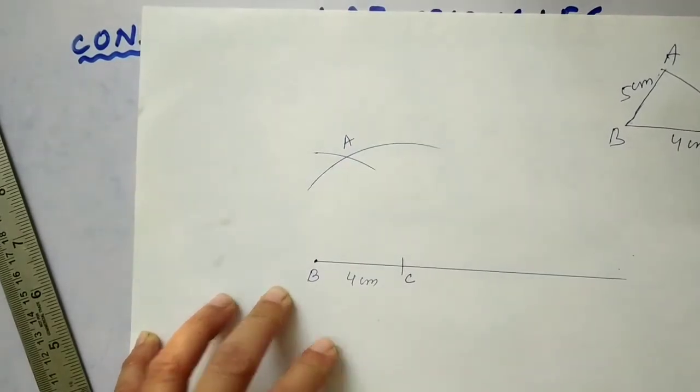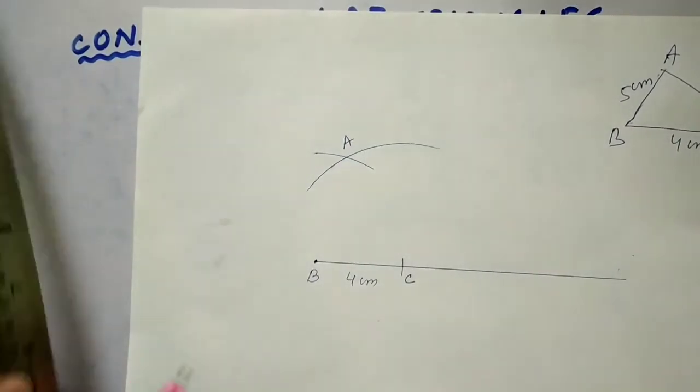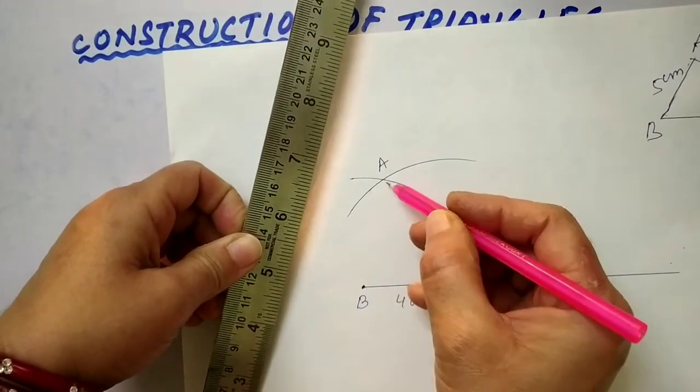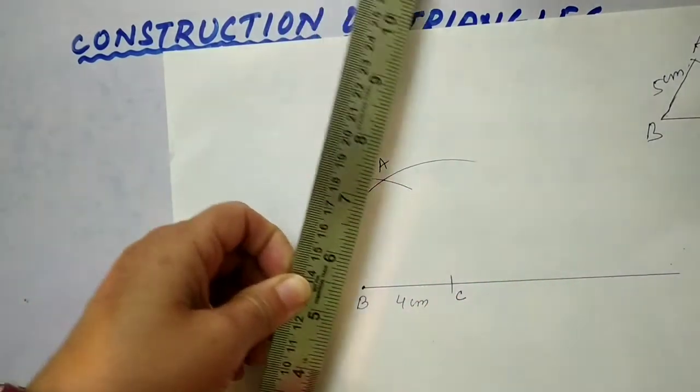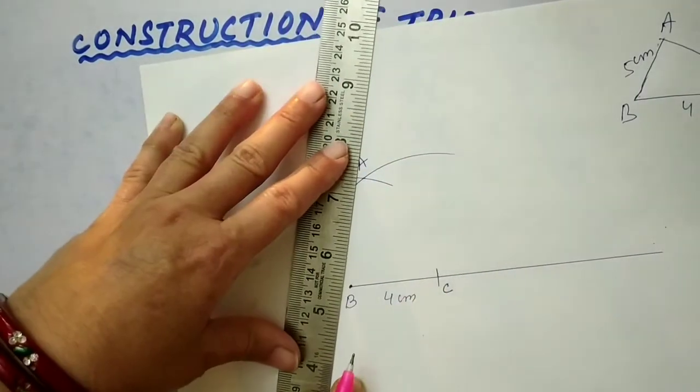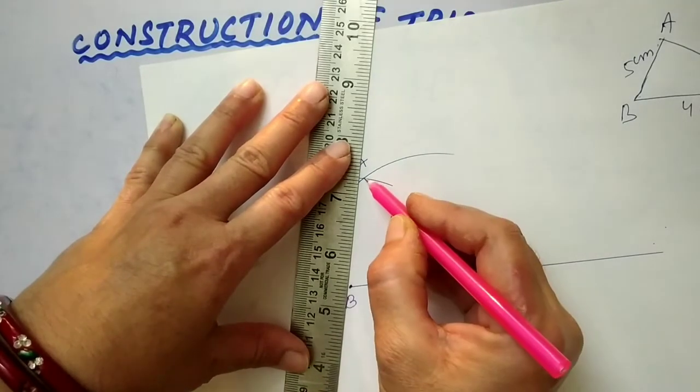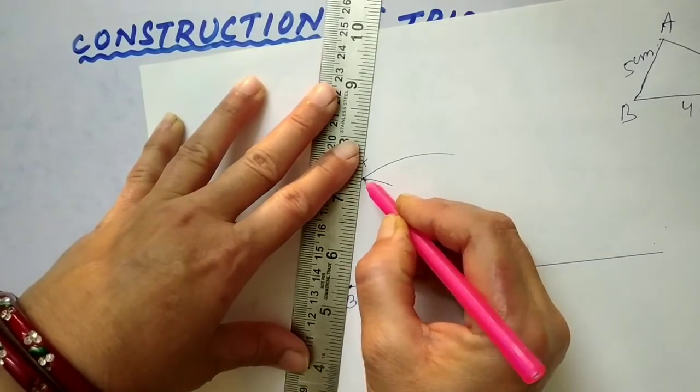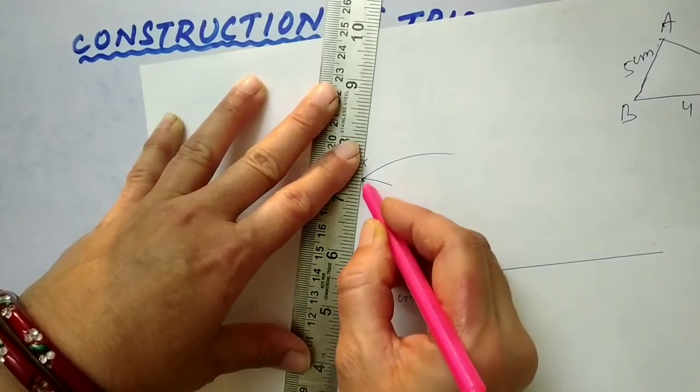Now you can draw the AB line and AC line. Join A and B. A and B you join.